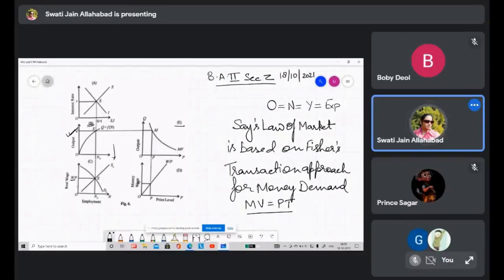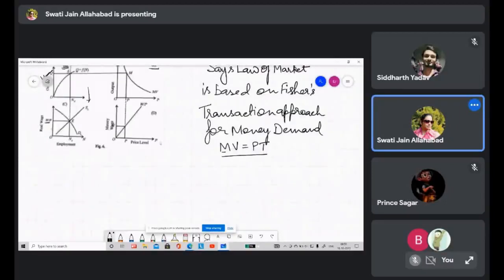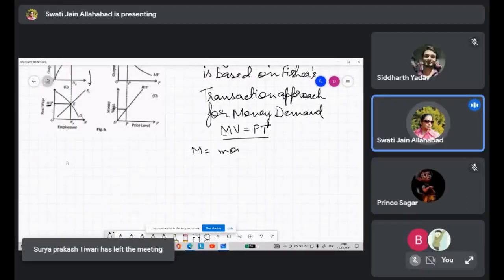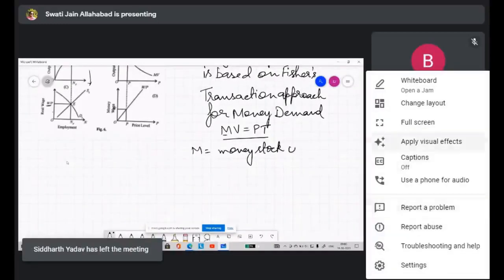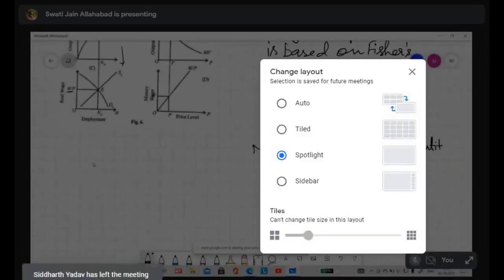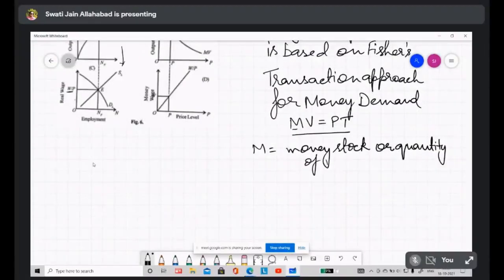Okay, in this MV = PT, M is the money stock, or quantity of money. V is velocity of money.